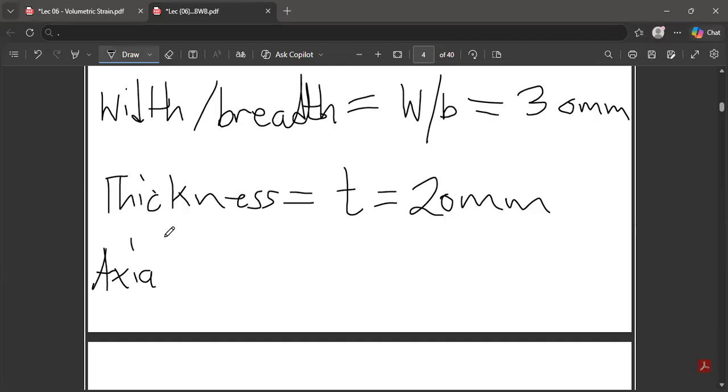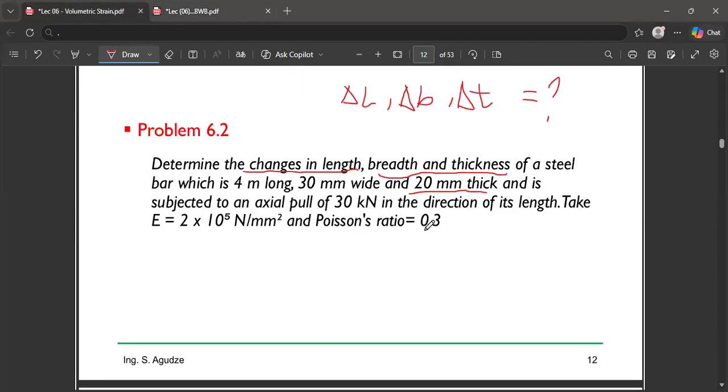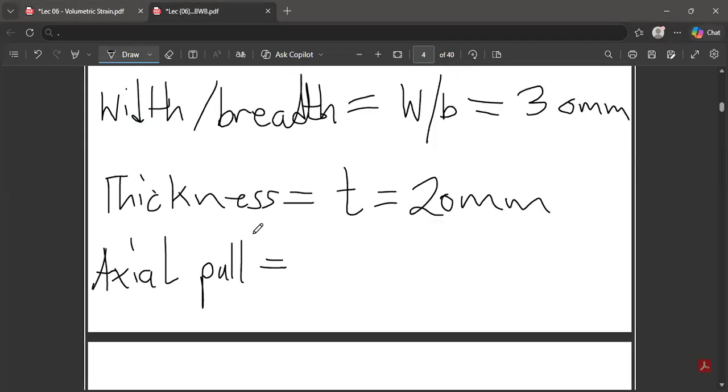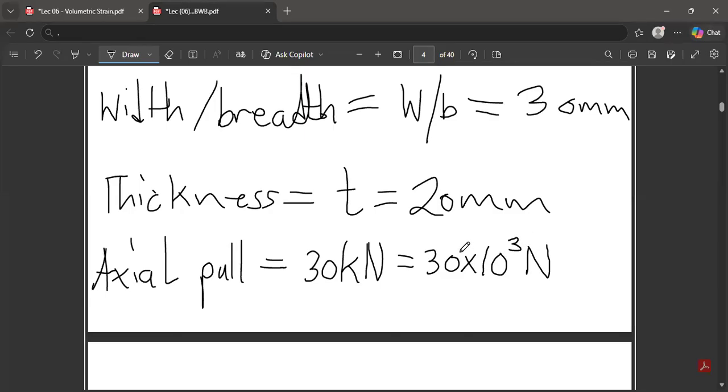Our axial pull is equal to 30 kilonewton. But we know that 30 kilonewton is also the same as 30 times 10 exponent 3 Newton. As simple as that.